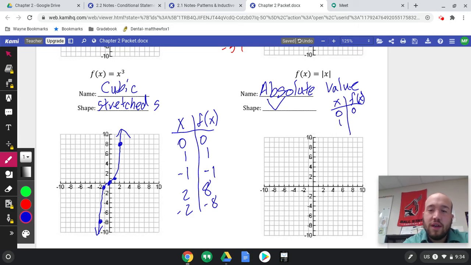If I plug in a 1, absolute value just means what is the distance from 0. So that's still 1. Negative 1 is positive 1. All of them are going to be positive, because absolute value always comes out positive if it's the parent function. So that would continue kind of like a straight line. It also goes this way.